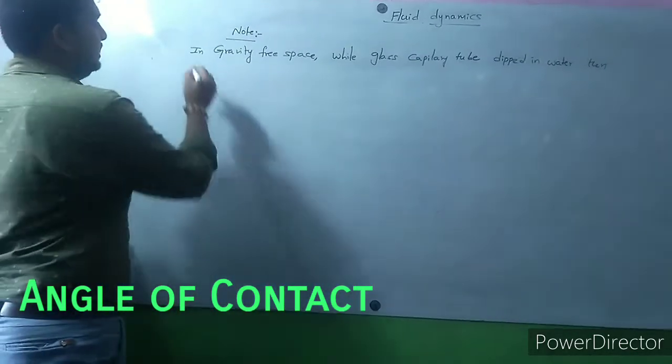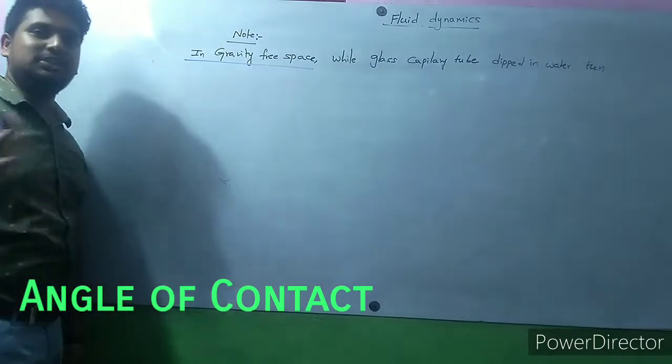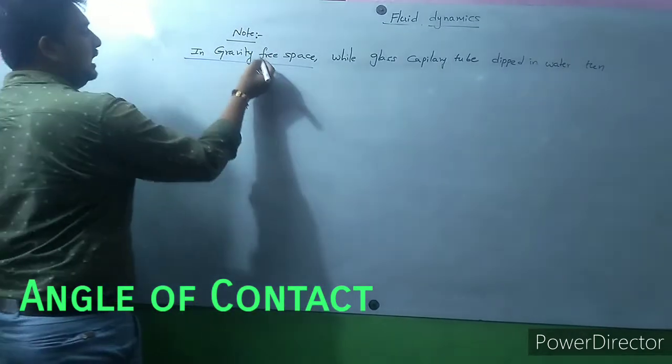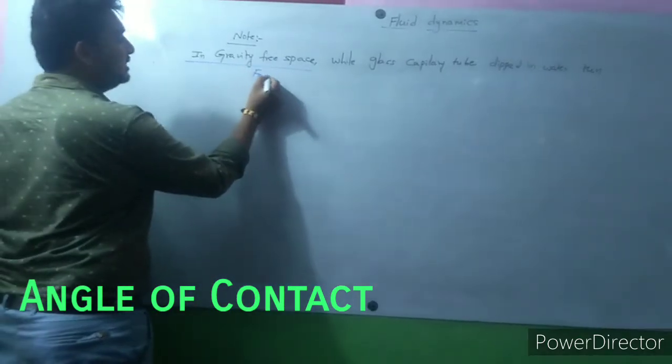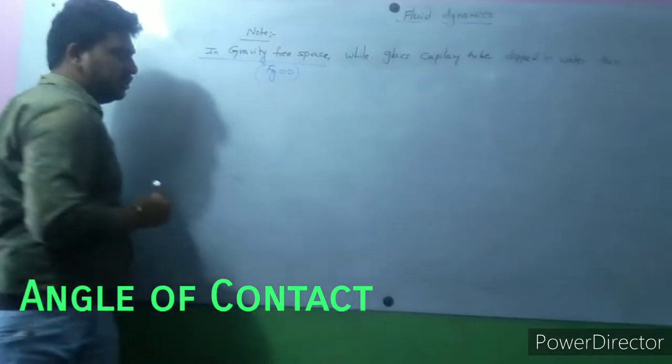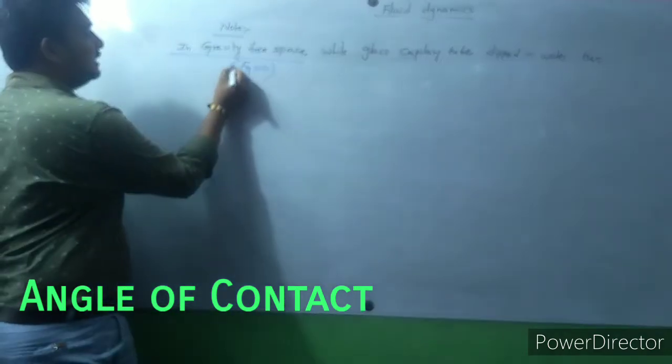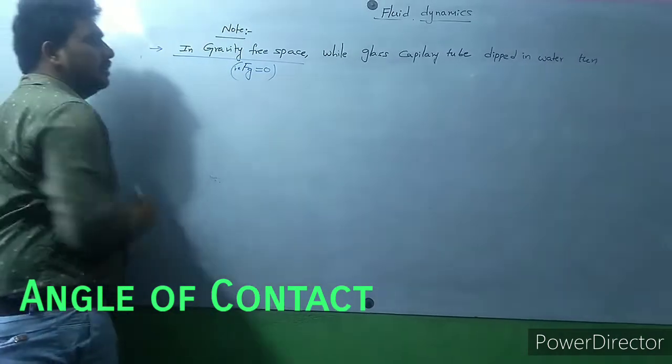In gravity free space there is no gravity, that means there is no gravitational force. Fg is equal to 0. Okay, that means here there is no gravity.